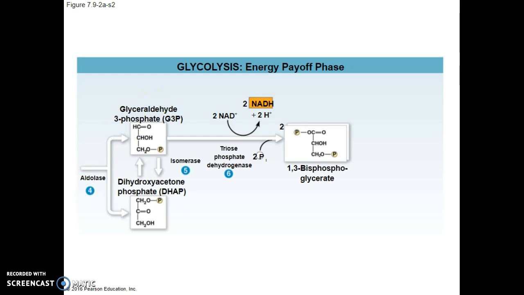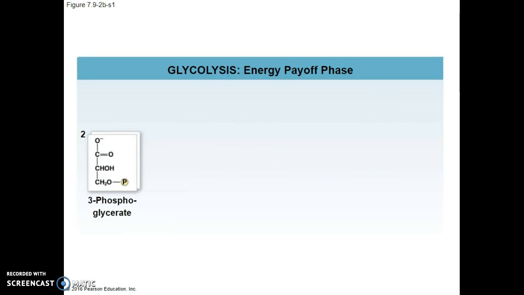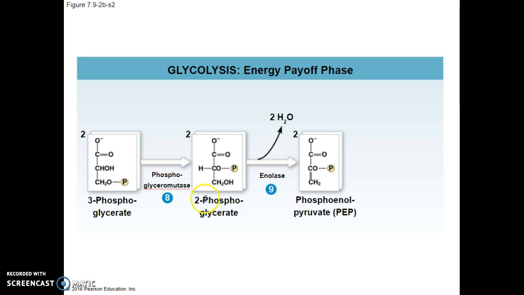Then 1,3 biphosphoglycerate is converted into its isomer, 2-phosphoglycerate. Once we have 2-phosphoglycerate, it loses a water molecule, which causes it to become PEP. And because PEP is unstable, it loses its phosphate group, which then causes it to become pyruvate.